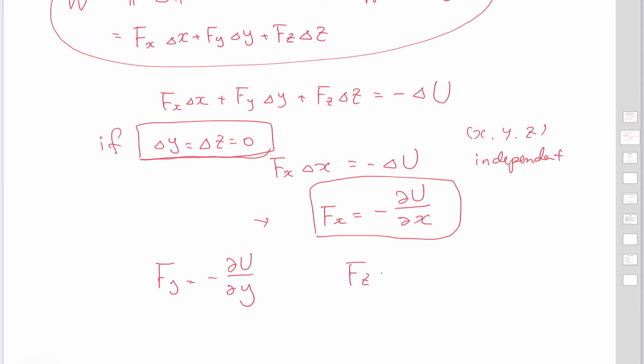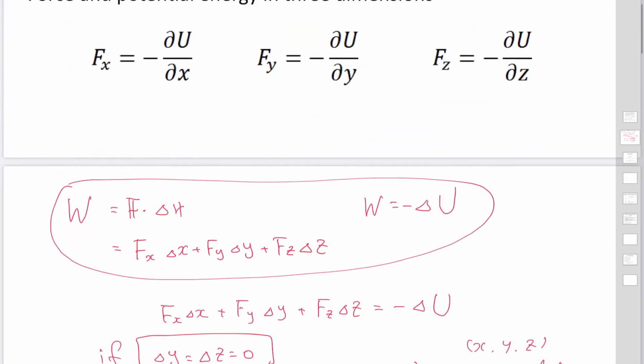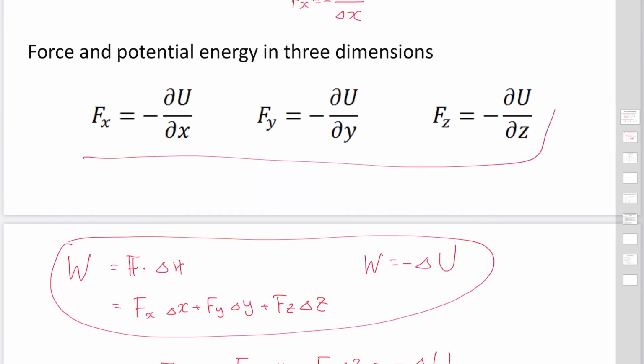F sub z, negative sign, don't forget, partial U partial z. We have these relations. Once we know the potential energy, you can derive the force using these equations. This is the equation I derived for the three-dimensional case.